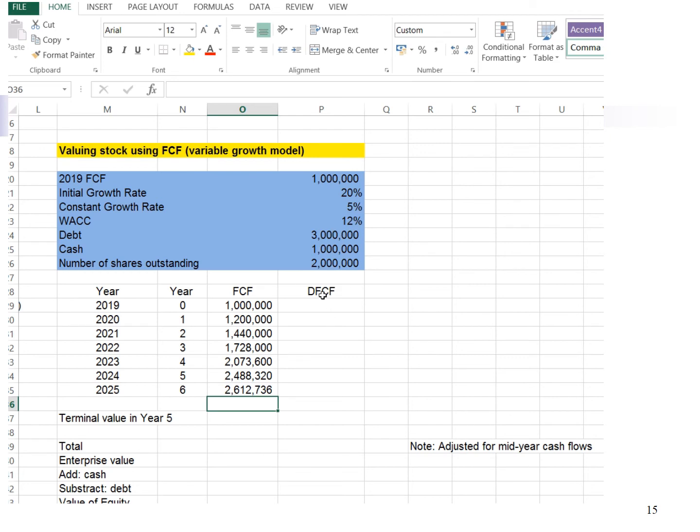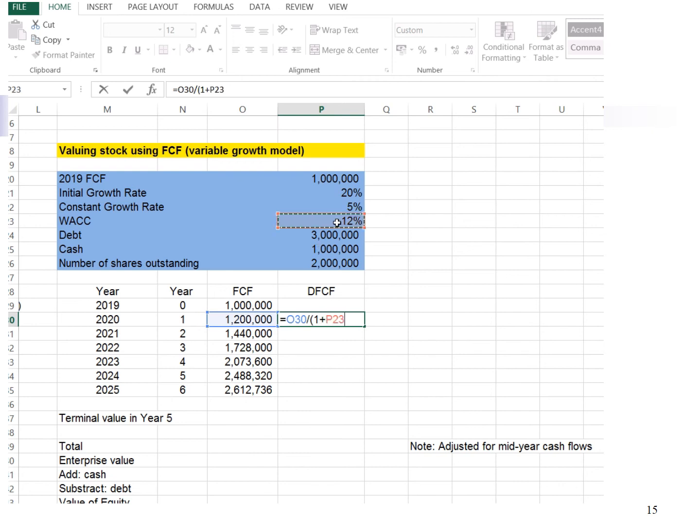Next, I shall calculate the discounted cash flow for the future years. For year 1, the discounted cash flow will be equal to the free cash flow divided by 1 plus WACC 12%, which is the discount rate, close bracket, power of T, which is 1 year.